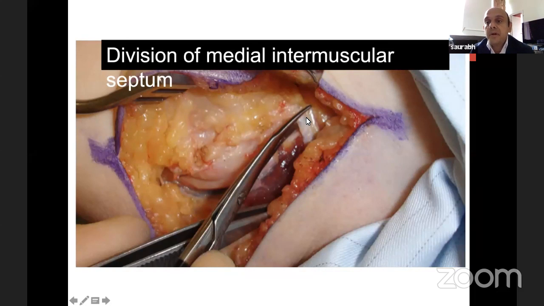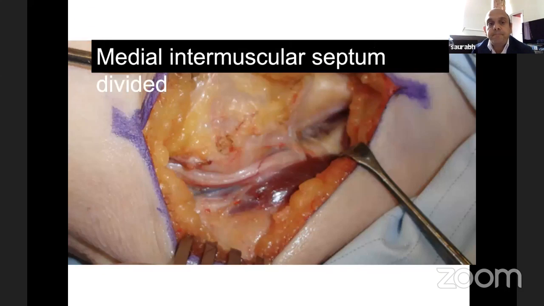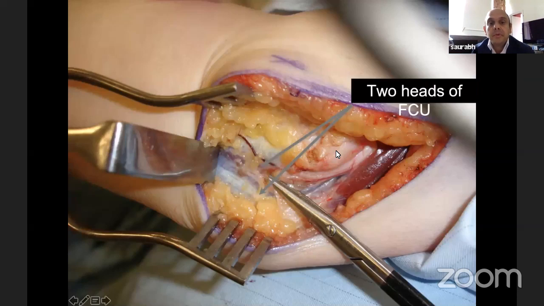Second thing to remember: if you ever decide to transpose the ulnar nerve anteriorly, then you have to excise this 2 centimeters of intermuscular septum. You don't need to excise all of it in its entirety, but just a couple of centimeters here, so that the nerve doesn't flick on it after anterior transposition and doesn't get irritable. So this is after division of the intermuscular septum.